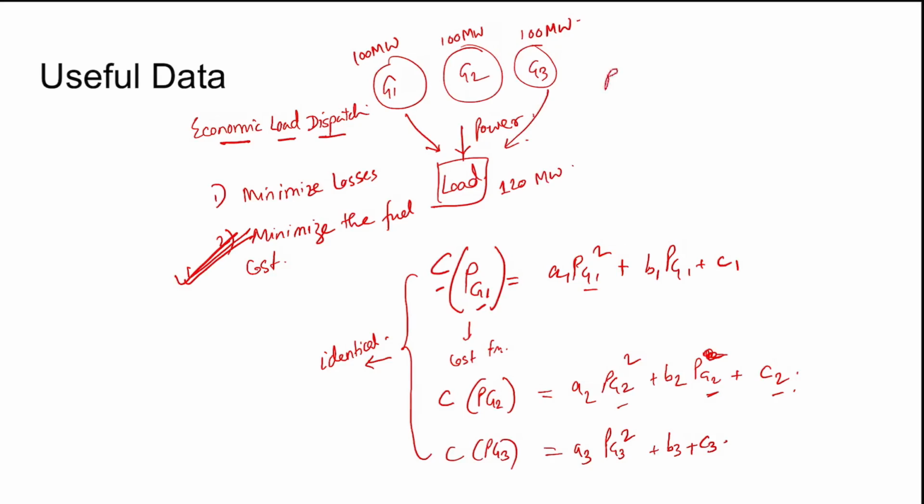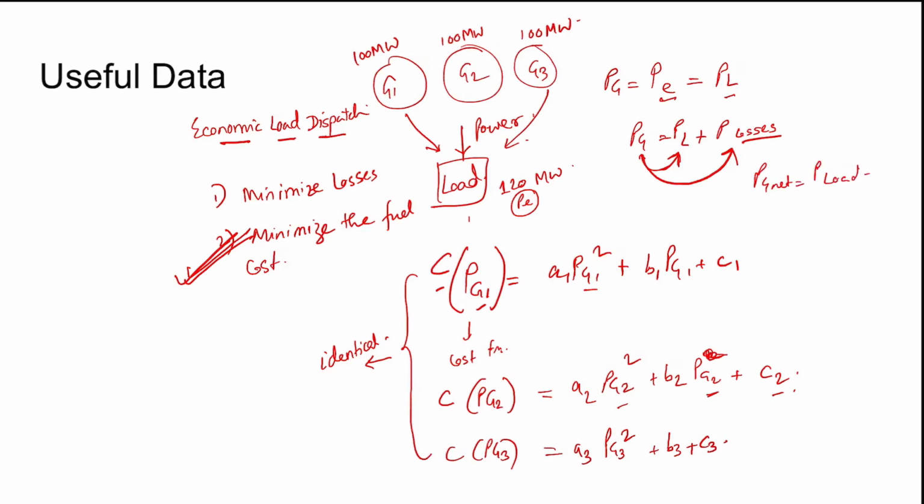You need to match the generation with the electrical power demand: P generated must be equal to PL plus the losses. Net generation must be equal to net load demand plus losses.